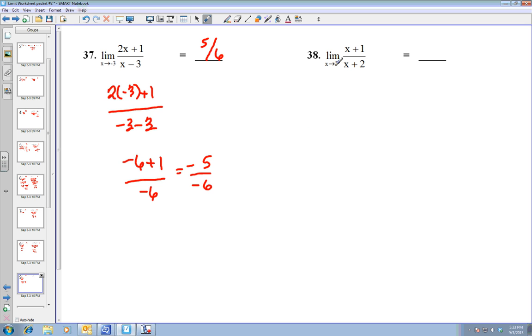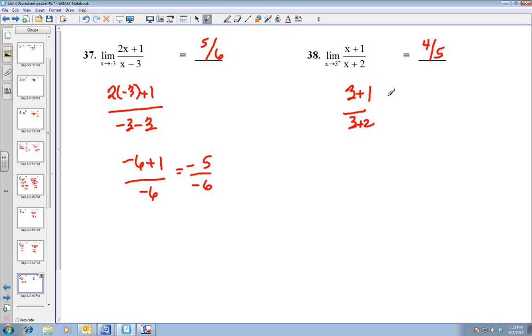On 38, I'm supposed to find the limit as x approaches 3 from the right-hand side. As long as I don't get a 0 in the denominator, it doesn't matter if it's coming from the left or right. I can just use direct substitution. So I have 3 plus 1 over 3 plus 2, so 4/5.